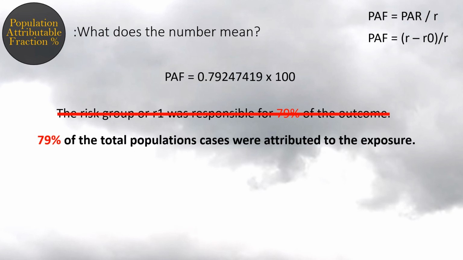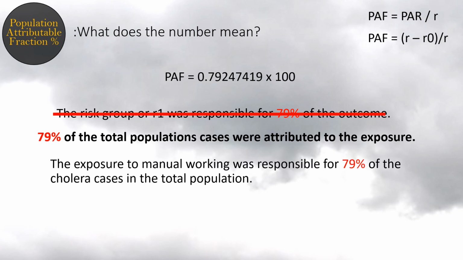You should be really careful on how you state your conclusions here. 79% of the total population's cases were attributed to the exposure. Now, really take care on this, and because it's attributable fraction, use the word attributed. Or the exposure to manual working was responsible for 79% of the cholera cases in the total population.